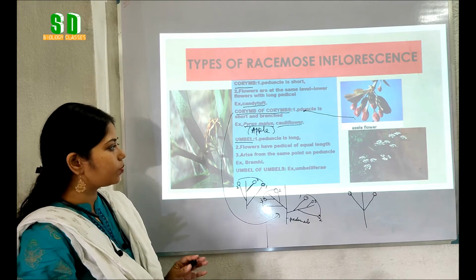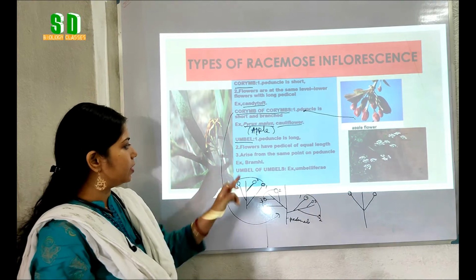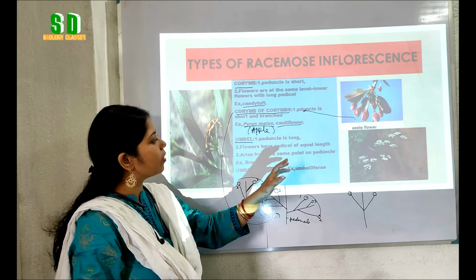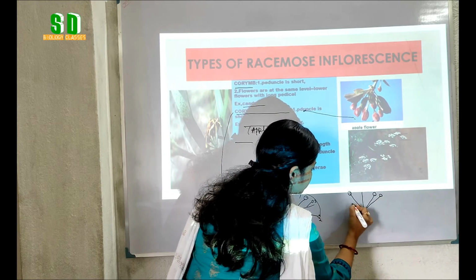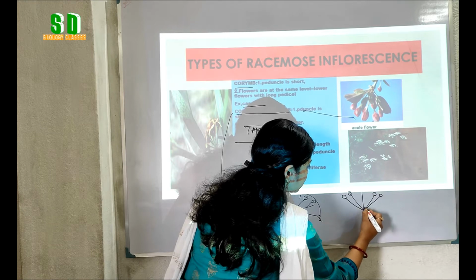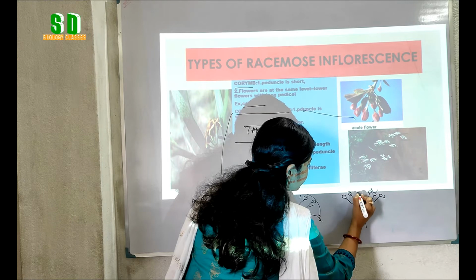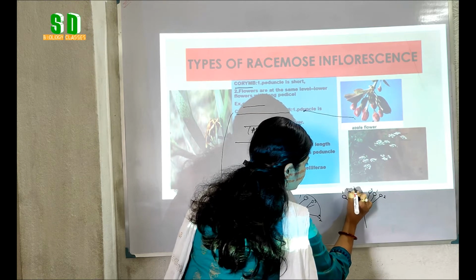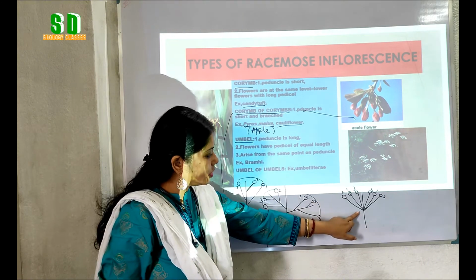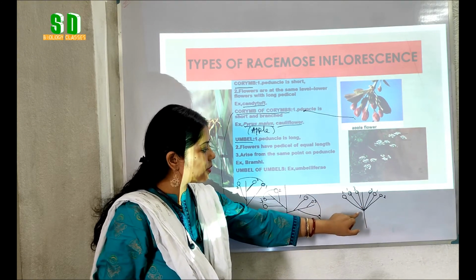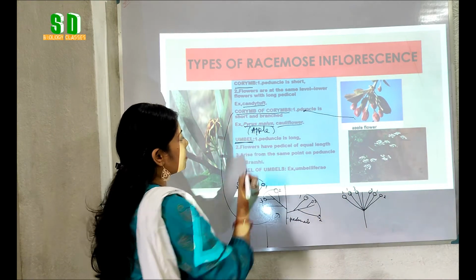So here flowers have pedicels of equal length. Many flowers can arise. So this is 1, 2, 3. Many flowers are there and they arise from the same level, and as they arise from the same level, they have the same pedicel. This type of inflorescence is called umbel.